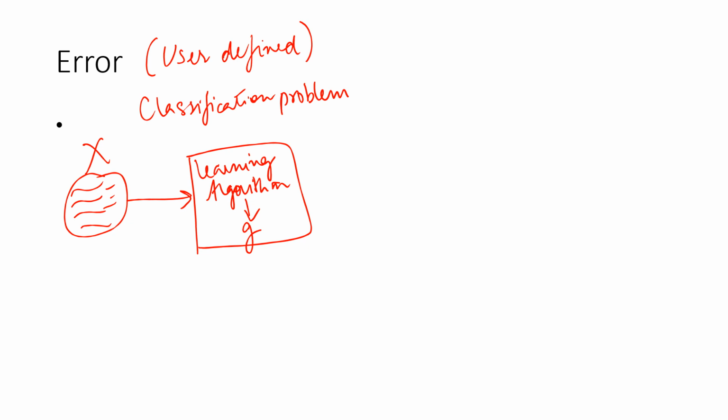What this G is doing is categorizing the outcome as a yes or a no: yes, this is the correct person for whatever application, or no, this is not the right person.